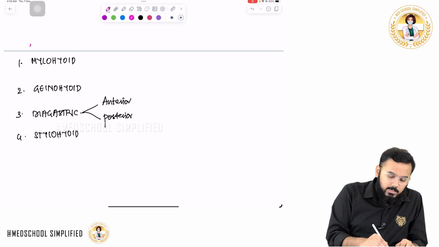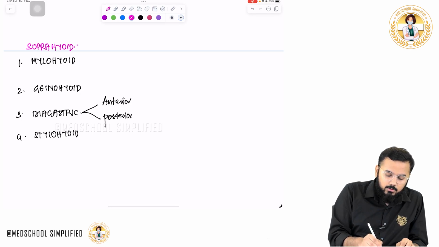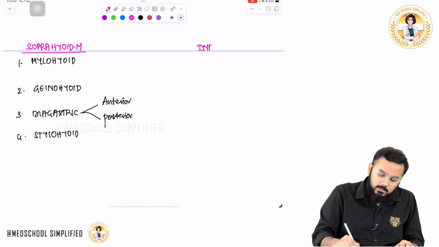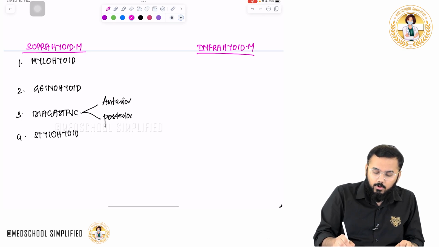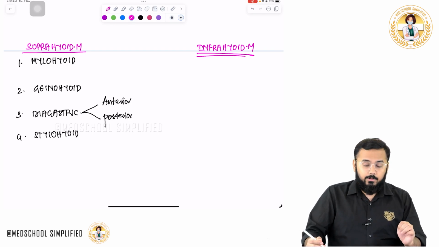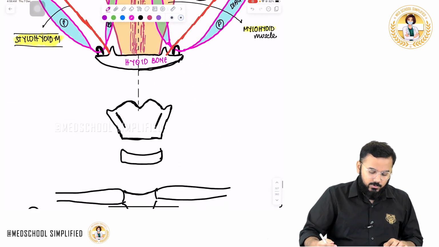All these are the muscles called suprahyoid muscles. Now let us discuss the infrahyoid muscles. Let us see what different kinds of infrahyoid muscles we have got.